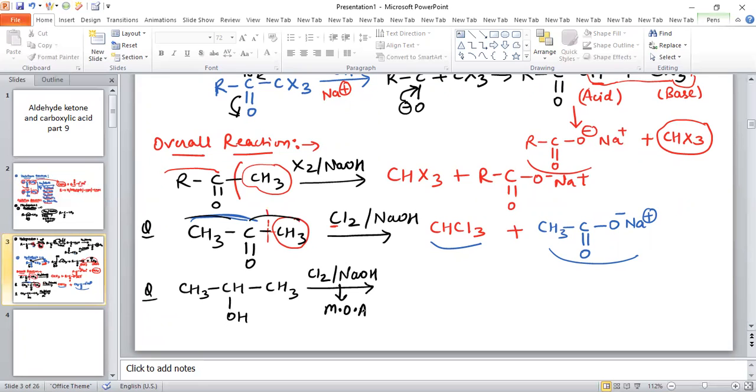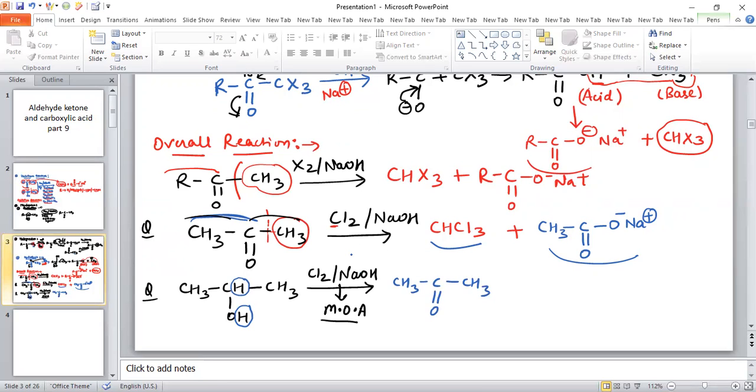Oxidation means the removal of hydrogen. So this hydrogen will be removed. When this hydrogen is removed, this will convert into a methyl ketone, like this: CH3, C double bond O, and CH3.